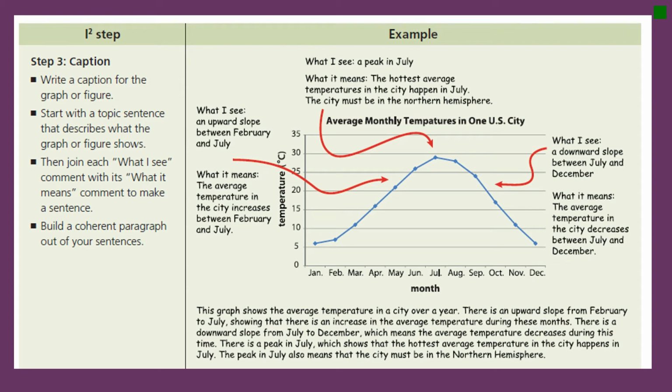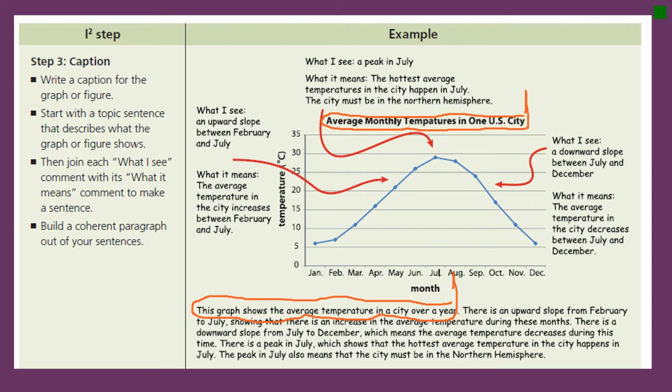Putting it all together and practicing a writing and summarization skill is the caption. Notice how it's going to start. We have a very first sentence talking about, this graph shows the average temperature of a city over a year. Where did you think they got that information? Remember, when I'm taking a look at the title of any graph or data table or bar graph, that's the information that's going to help me.